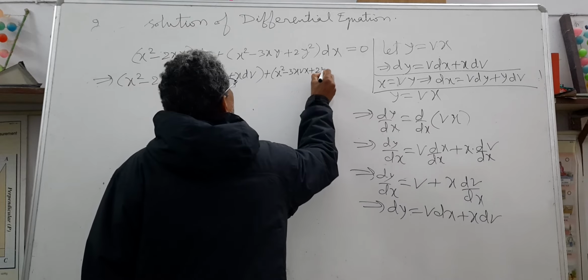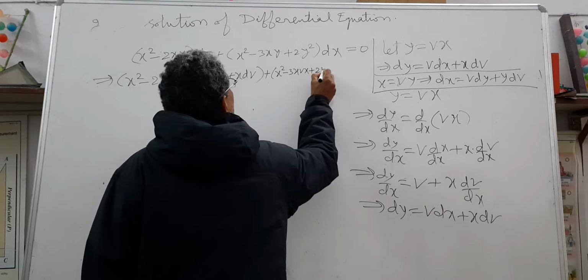Now take x square common from all terms. x square becomes common and goes to the right side below 0.